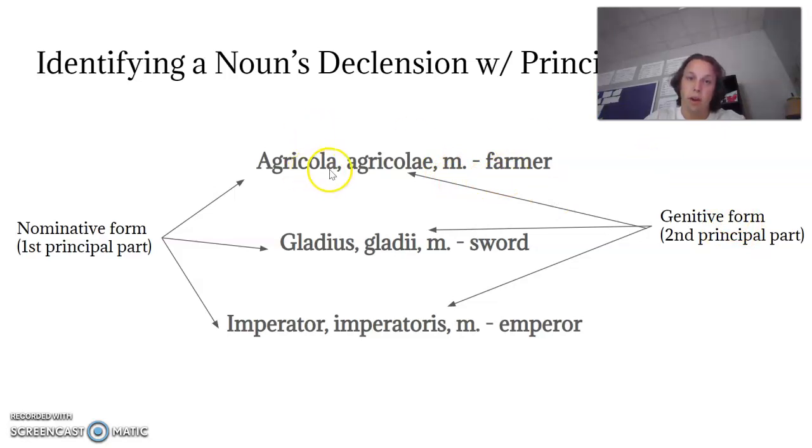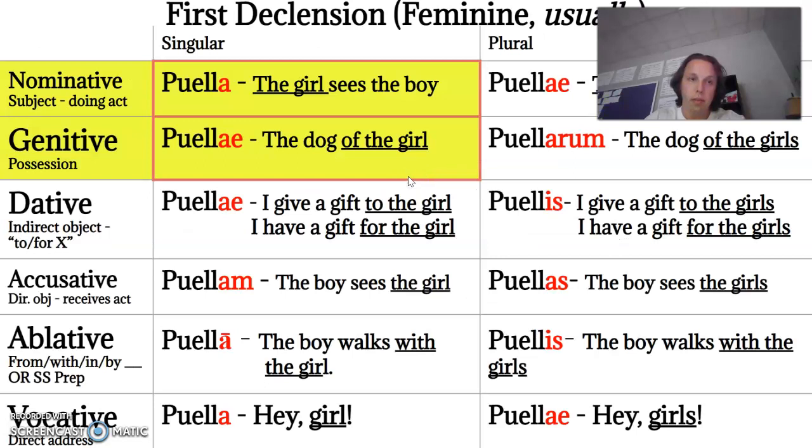Looking at these two, agricola, agricolae, I'm going to look at my declension chart, which as I said earlier, is linked in this presentation on an earlier slide. I'll also have a link to it on It's Learning. I'm going to look at the first two boxes. You'll notice there are red lines around these boxes, and this is why.